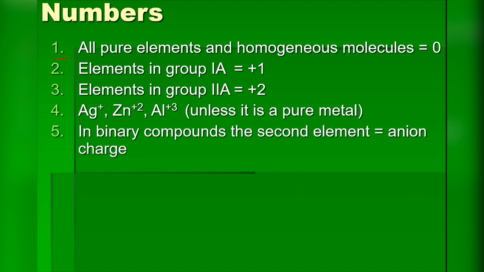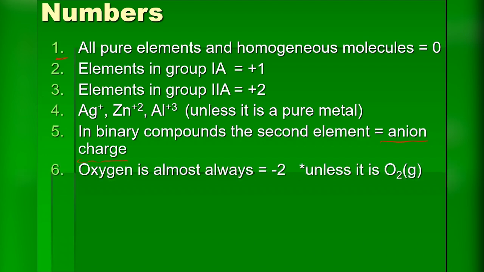Next, in binary compounds, the second element is an anion. You remember an anion charge is negative. Oxygen's oxidation number is -2. You already know this from when we studied the periodic table. But if you see a little g, gas, then its oxidation number is 0.